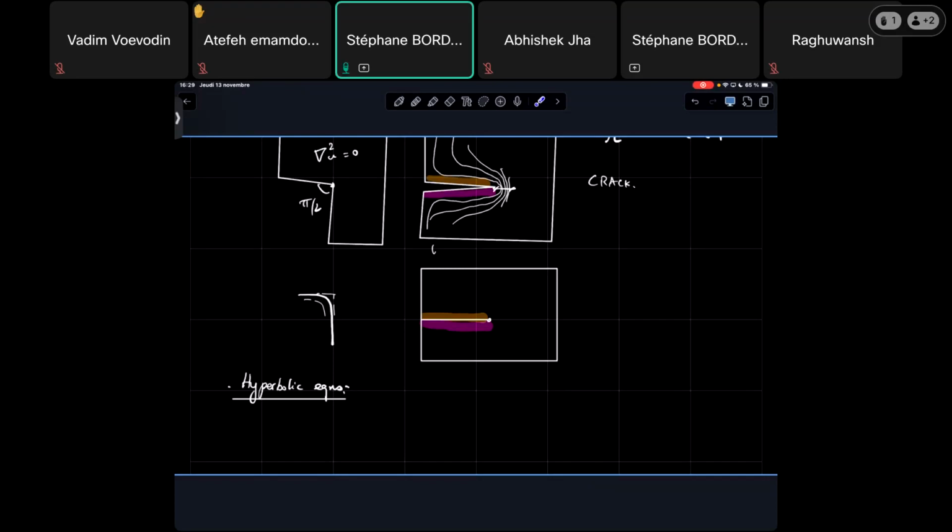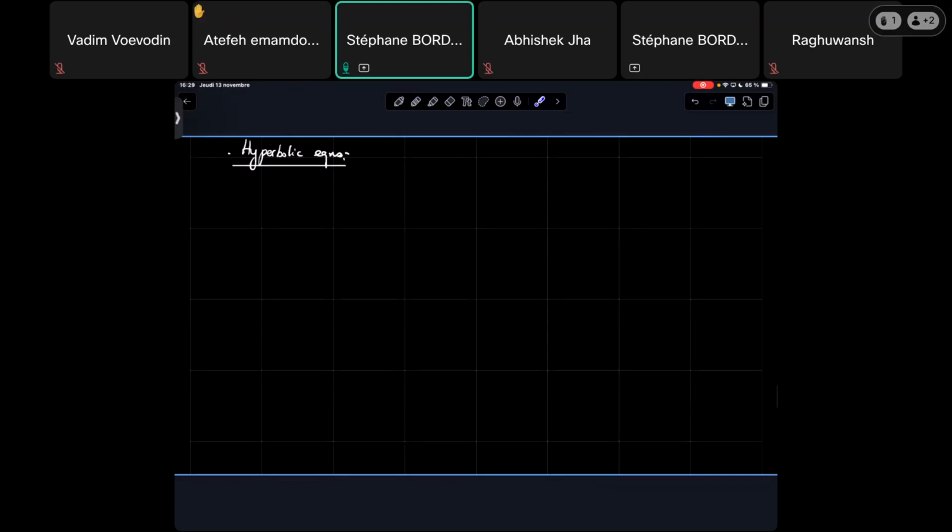Okay, so now let's just summarize a bit in which cases these elliptic, hyperbolic, and so on equations can be used, because we should be able to know what they are like.